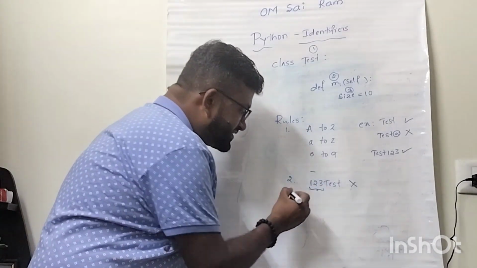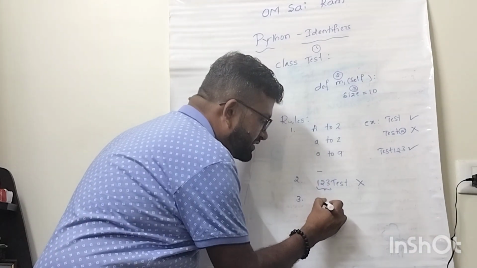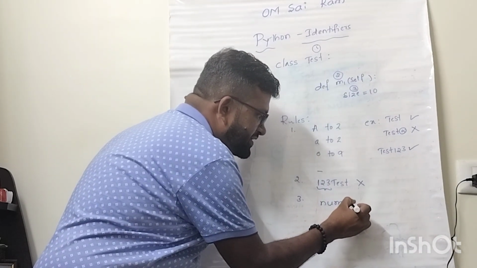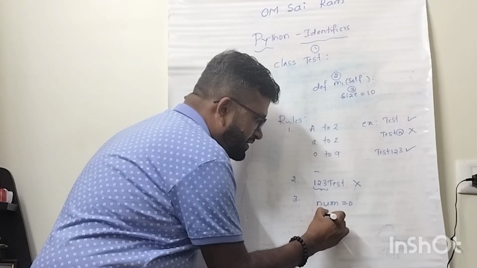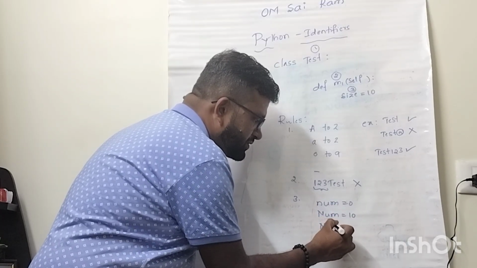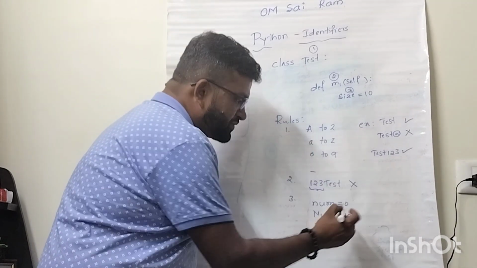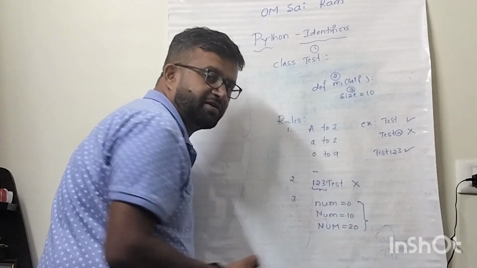What is the third rule? Now I will create three variables: num equal to 10, Num equal to 20, NUM equal to 30. Are all these variables the same or different?